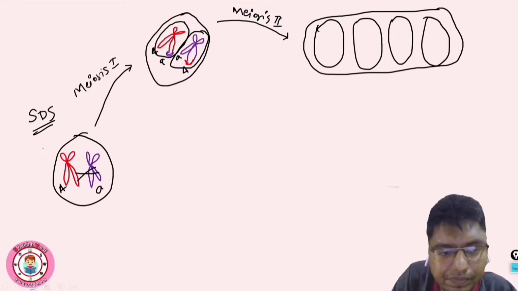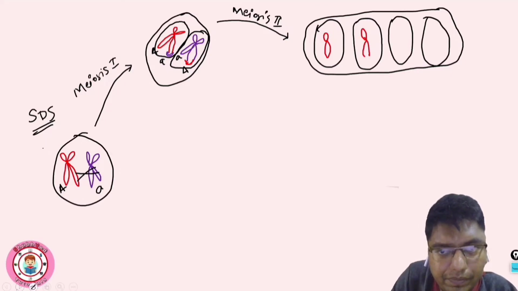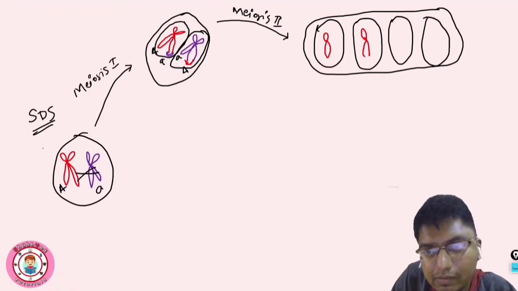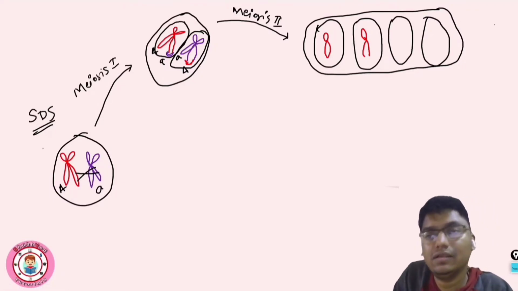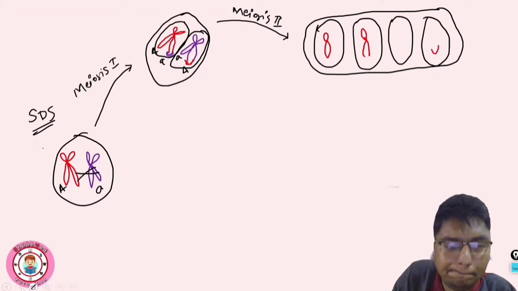Okay. Then this is a whole chromosome, okay. This is a. Okay. Then here there will be.